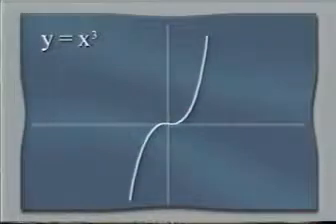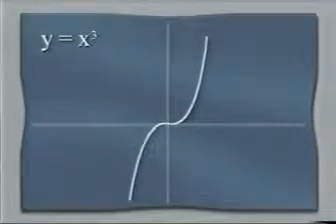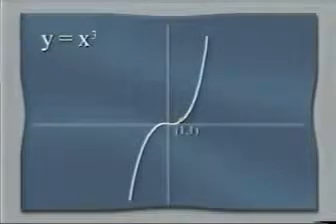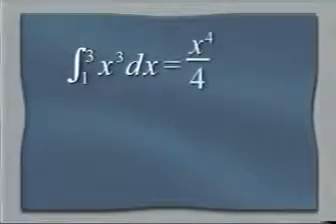So to find the area beneath the graph of y equals x to the third, that's a graph we've seen in previous lectures, and we wanted to find the area between the curve and the x-axis from x equals 1 to x equals 3, we integrate the function x to the third dx, and we get x to the fourth over 4.